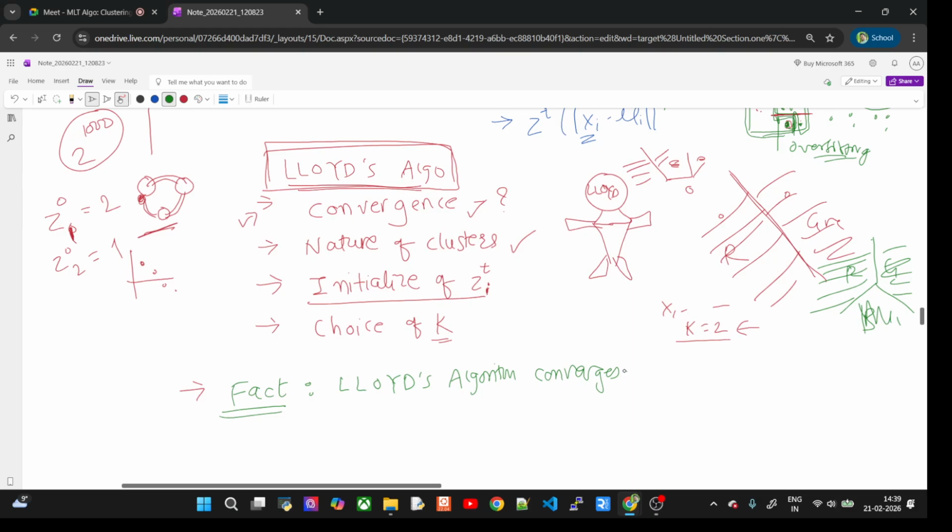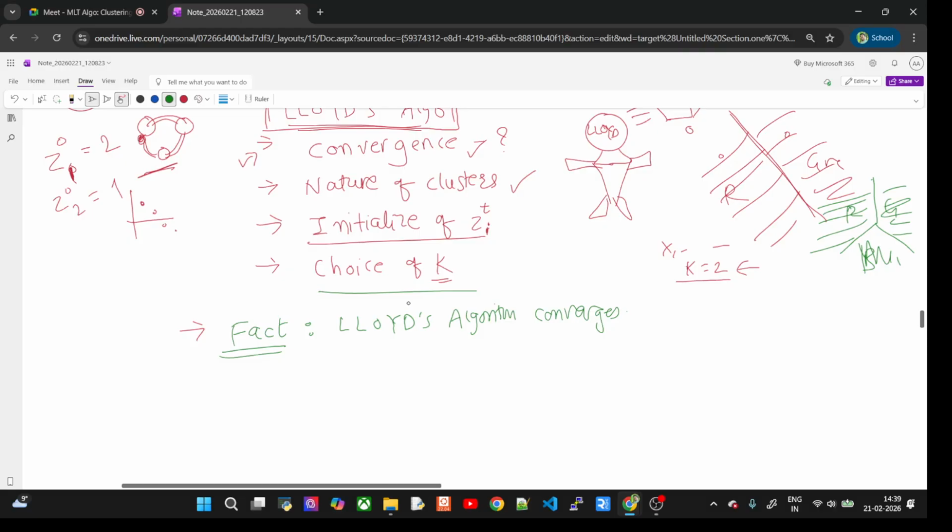So out of these 1, 2, 3, 4 questions, the first was convergence, and we mentioned the fact that Lloyd's algorithm converges, and we have to now see it. Once we finish this, we'll stop this session. But the first point is convergence. Does Lloyd's algorithm converge or not?